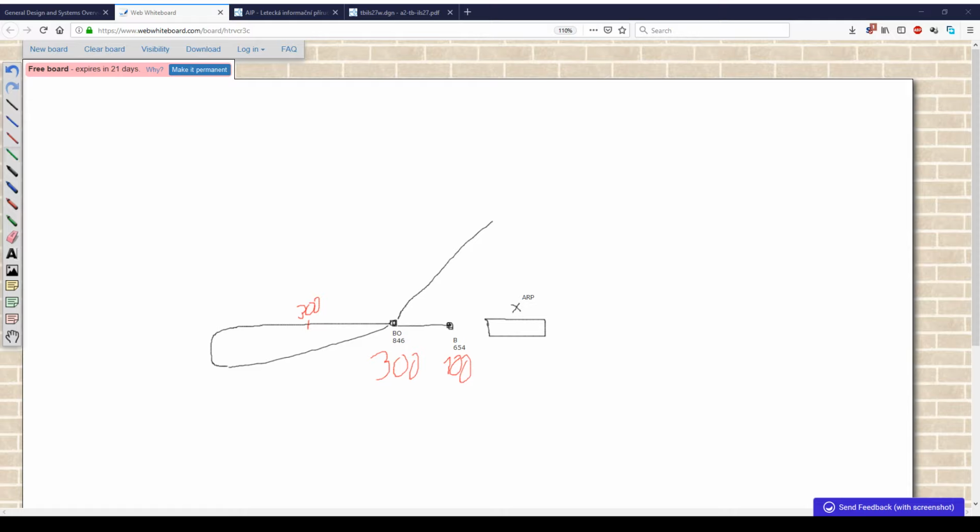Yeah, the clouds are generated in the same way as the traffic on the ground, randomly for every user.